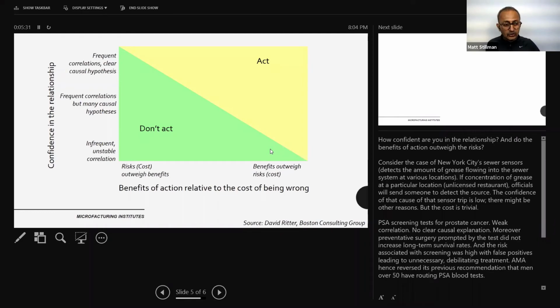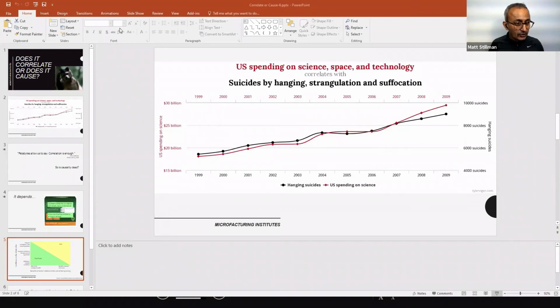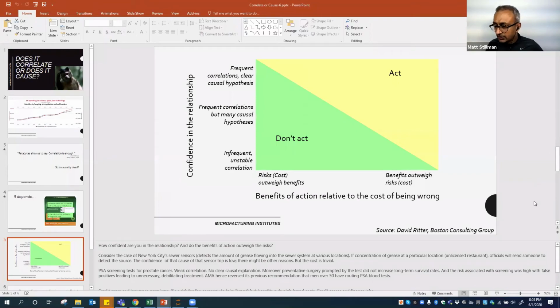So there is this pretty neat chart I came across from a BCG paper. Sorry, let me minimize this.